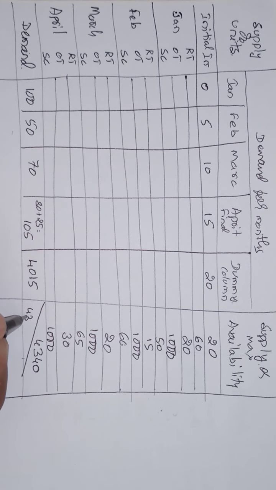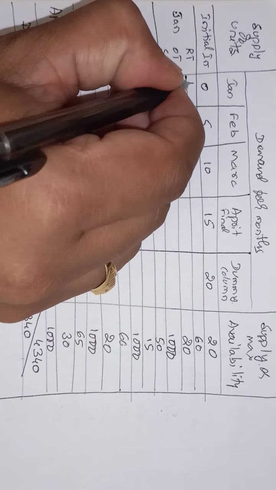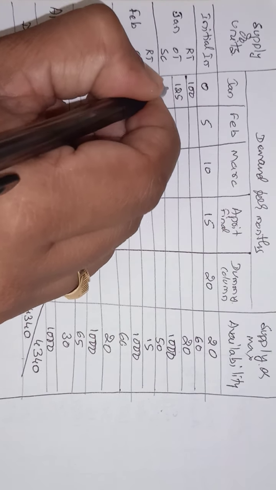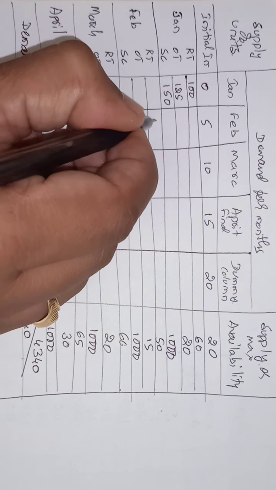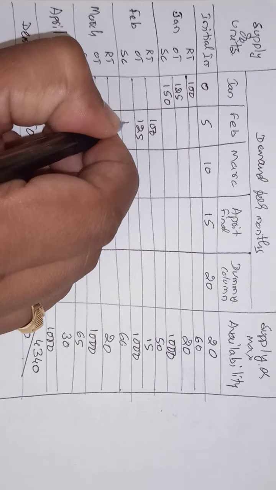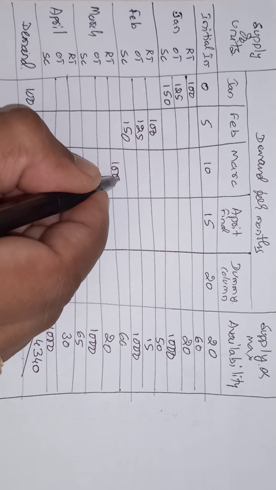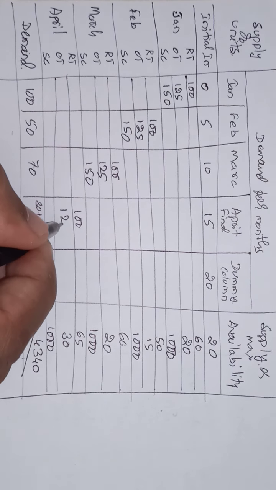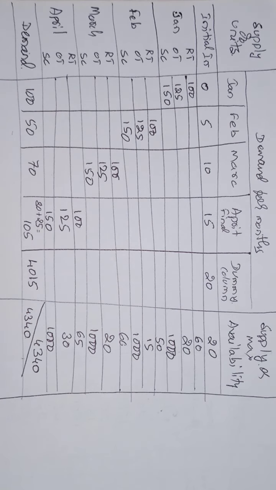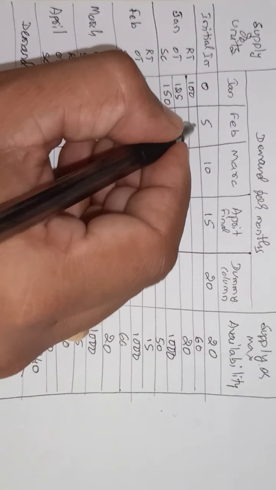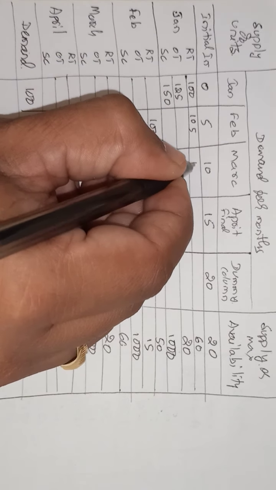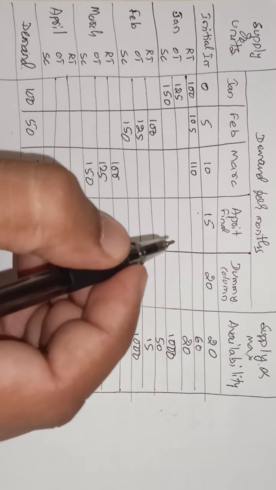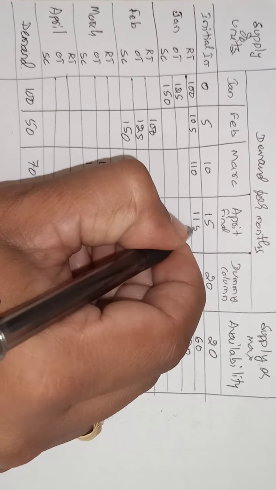Now it will become 4340. Okay, so now the previous one 100, 125, 150. So here 100, 125, 150, 100, 125, 150, right. Here we should add the carrying cost per period, 105, 110, 115.